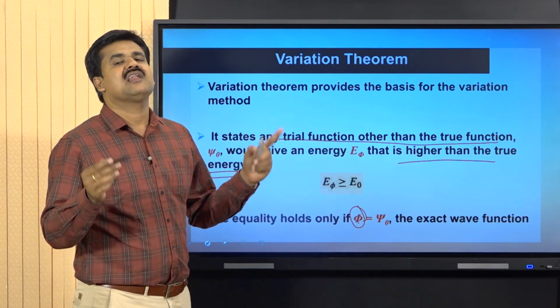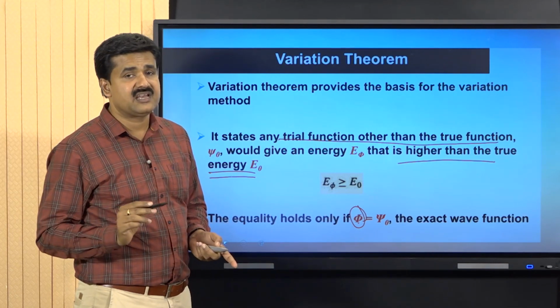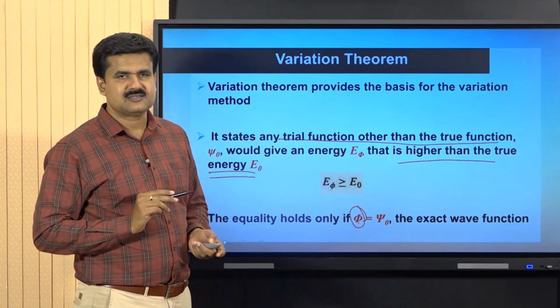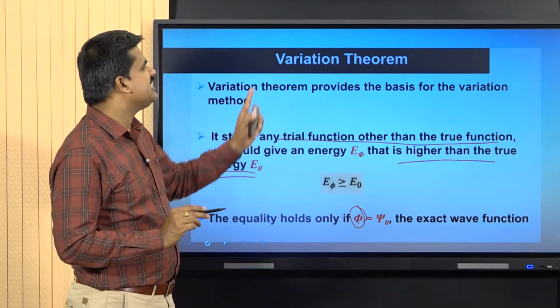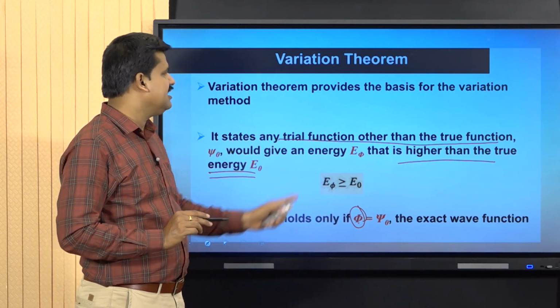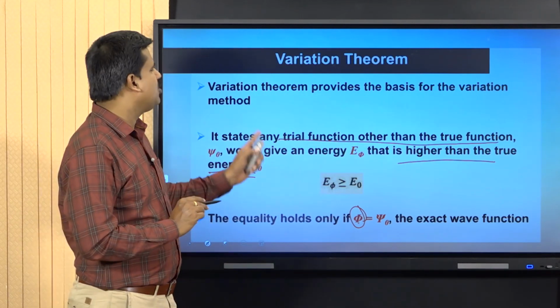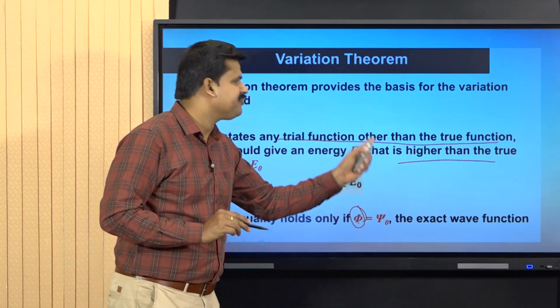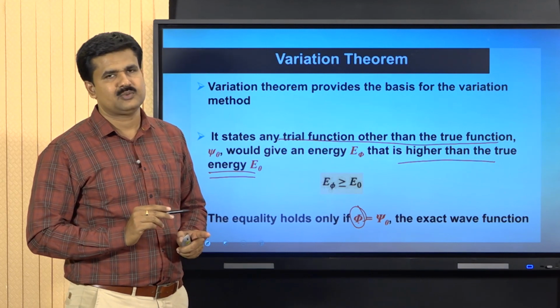Otherwise, the calculated energy E phi will be greater than the ground state energy of the system. This statement is called the variation theorem. It states that any trial wave function other than the true function psi 0 would give an energy E phi that is higher than the true energy E0.